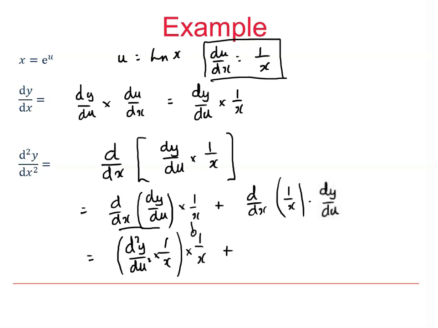And then add to that, the derivative of 1 over x is negative 1 over x squared, and we've then got multiplied by dy by du. So quite a complex bit of work we need to do to calculate the first and the second derivatives to be substituted.